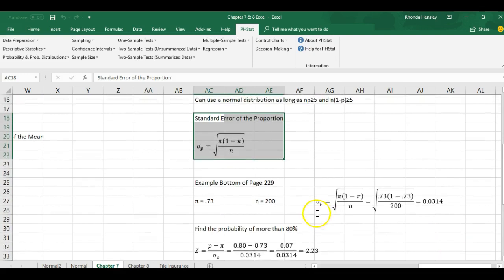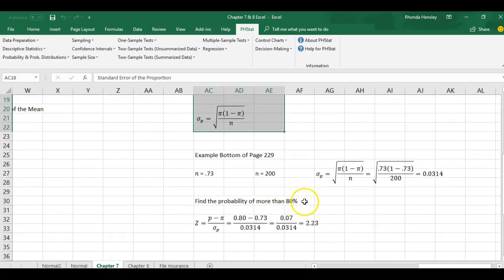So if you want to find the probability of more than 80%, again, you can do it using your tables. Just substitute in the standard error of your proportion, the 0.0314, in the denominator for the z-score formula, and use proportions. So you've got 80% minus 73% divided by 3.14%, and you get a z-score of 2.23.